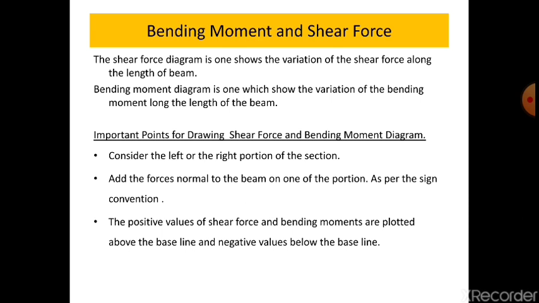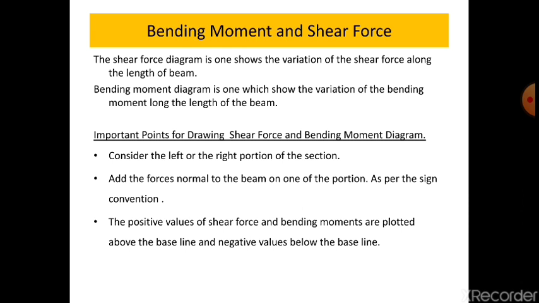Next is add the forces normal to the beam, okay, on one of the portions. So what you have to do is, in the shear force you have to add the upward vertical forces. That is, up forces, normal to the beam, which are perpendicular to the beam, and that are vertical forces in the case of shear forces for the one portion.